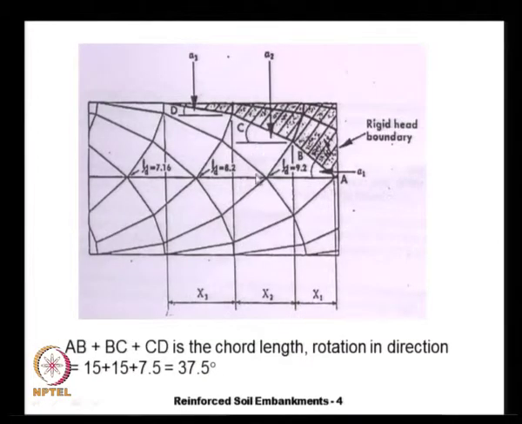In principle this is obtained like this. Let us consider 4 slip line fields A, B, C, D, and the chord lengths AB plus BC plus CD is the chord length, and the rotation is 15 degrees, 15 degrees and 7.5 degrees, that is totally 37.5 degrees is the rotation that is undergone by the slip line fields.